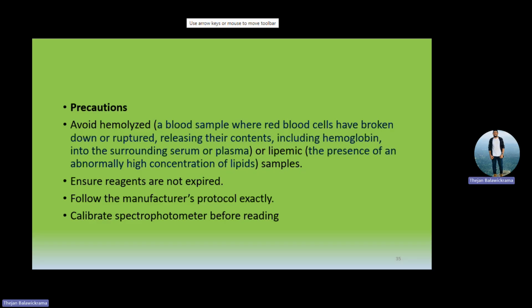Under those two situations, our readings are going to be wrong. I mean, readings are correct because it's coming from the experiment, but our interpretation about the patient is going to be wrong. Right? That is the thing. And again, the reagent should not be expired. And the procedure has to be followed properly. Calibration of the instrument is really important.